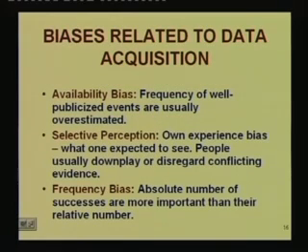First, biases related to data acquisition. There are various types of bias. The first one in data acquisition is the availability bias. Data acquisition means collection of data. If we are collecting data such as electric meter readings or attendance of people, I don't think availability bias is going to be very important.